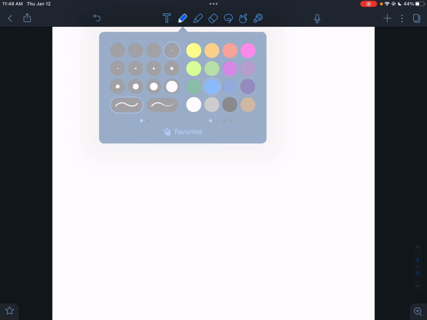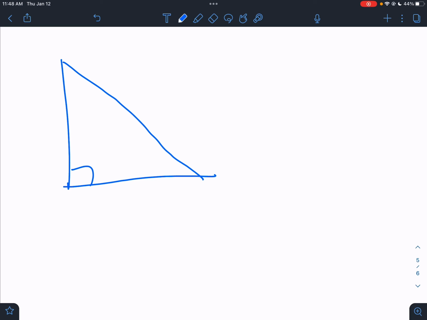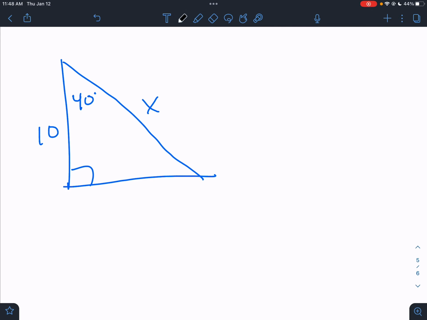Okay, let's do another example. Let's say you have a right triangle, and let's do a different angle. Let's say it's 40 degrees. I don't care what the ratio is, just knowing what to do. Let's say we don't know the hypotenuse, but we know that this side is 10. How would we solve for the hypotenuse? Well, we identify the angle we're working on. 40 degrees is the angle we know, so we use the 40.